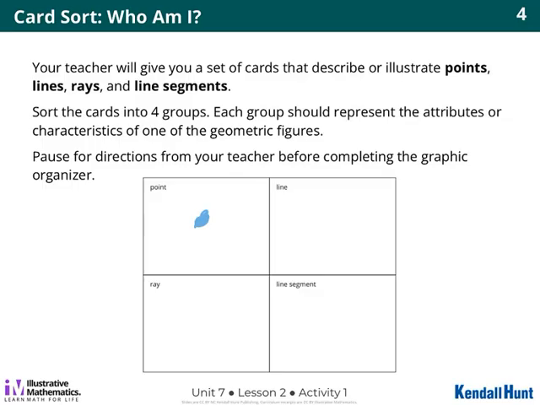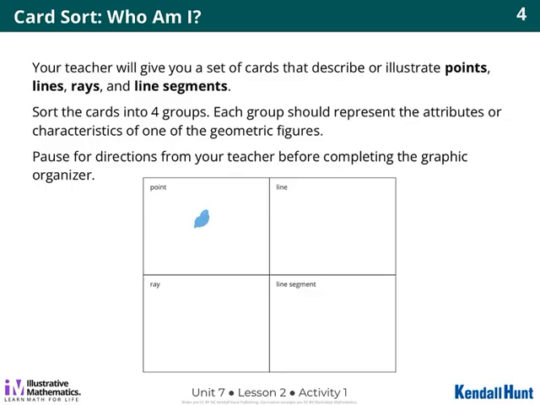Line. Are you ready? My length can't be measured. I have no start and no end. So a line, if it is just a line, it has no end point. Okay. I am a set of points arranged in a straight way.